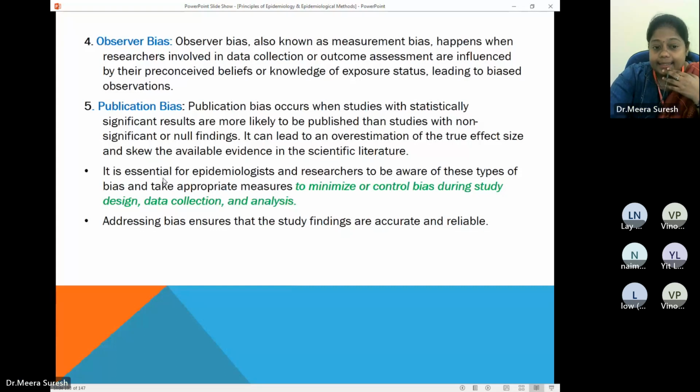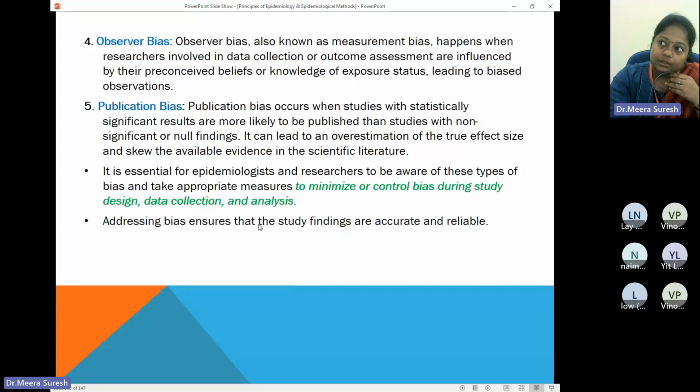So essentially, the epidemiologists should be aware of these types of bias, and why they need to be aware is because they have to minimize or control bias during their study design, data collection and analysis. Whenever you are doing a research study, some bias will be creeping in.